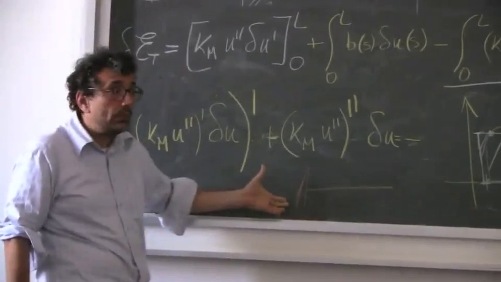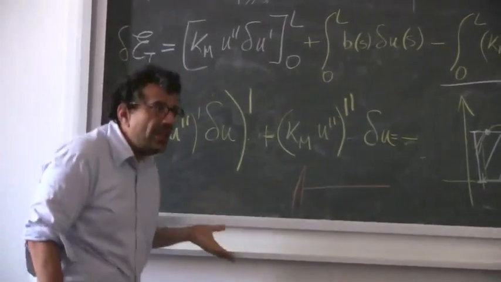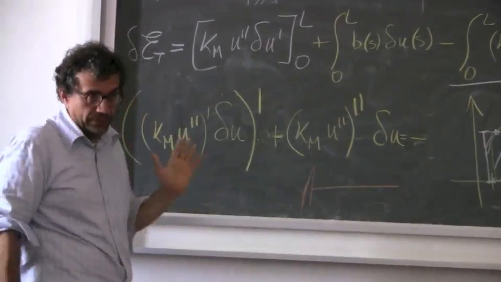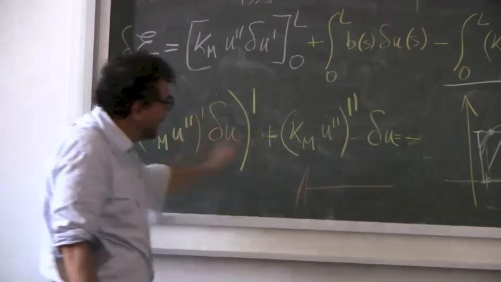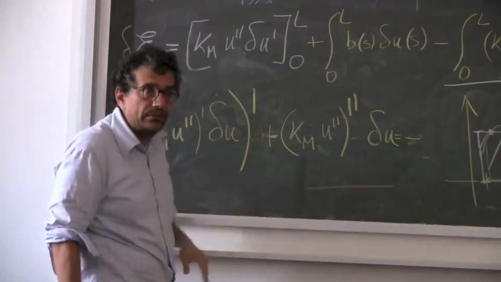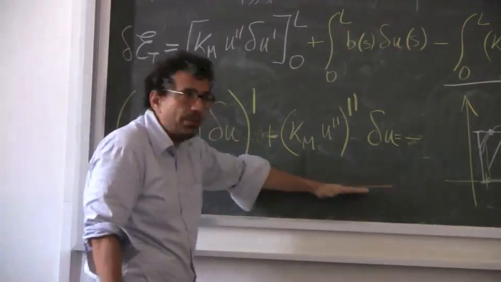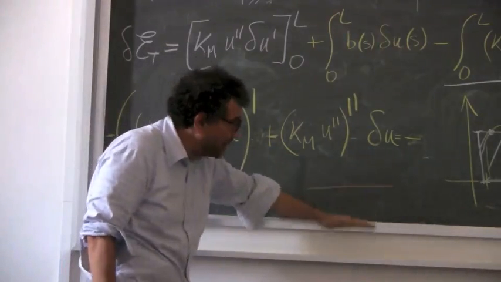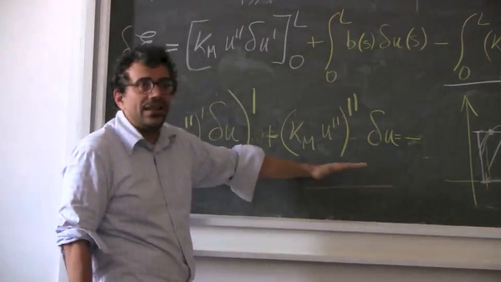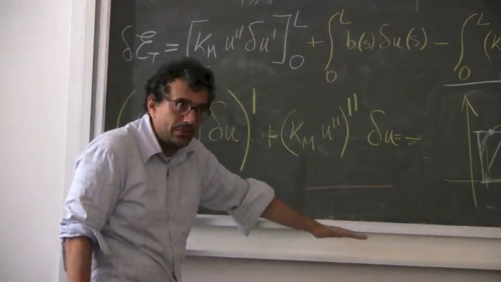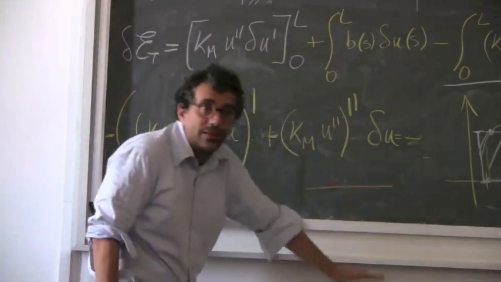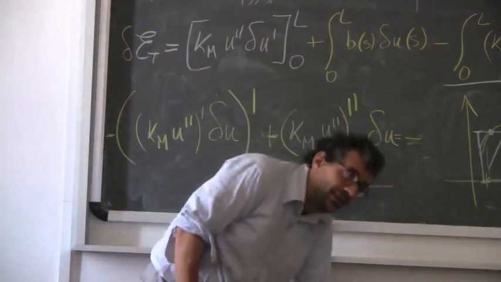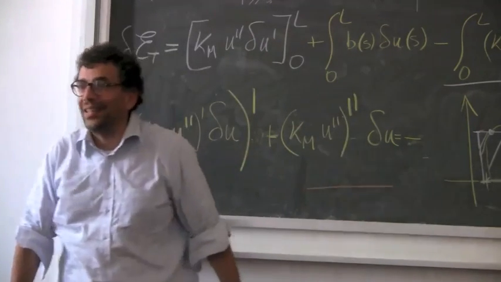Okay? So, u0 must be 0. Imagine that you have nothing here. You take this beam and you lower it, and it has less energy. You lower it, it has less energy. You can go to minus infinity, you have less and less energy. There is no minimum.